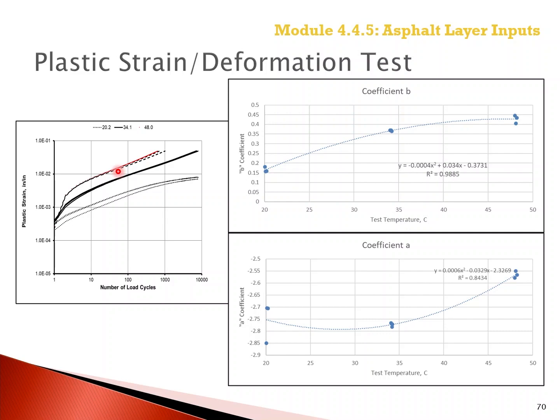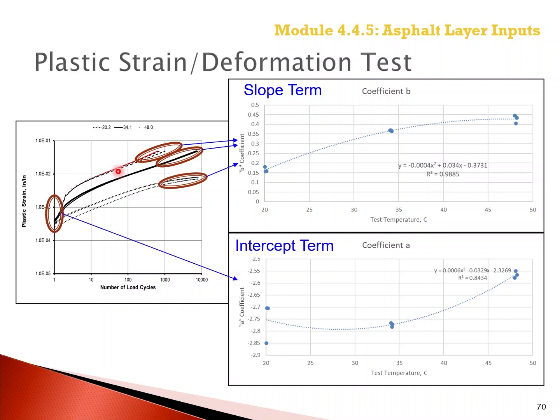The outcome from the test is defined as the slope and intercept of this relationship within the steady state or secondary range of accumulated plastic strain versus number of load cycles, as shown in the chart on the left. The plastic vertical or axial strains are measured and accumulated with the number of load cycles.